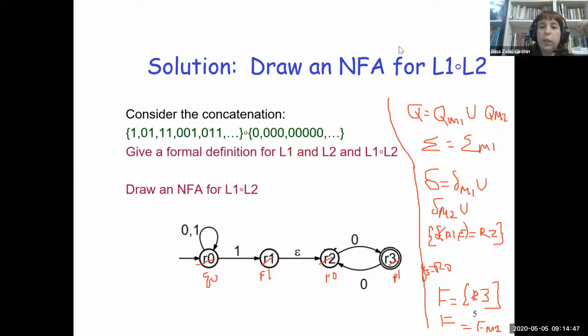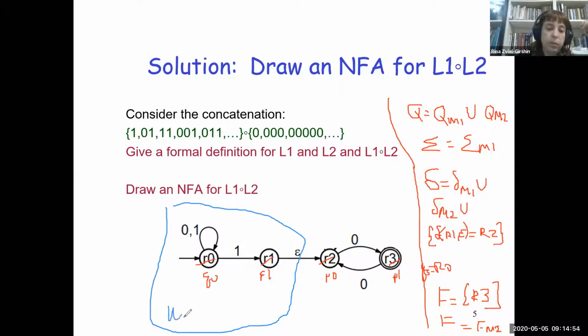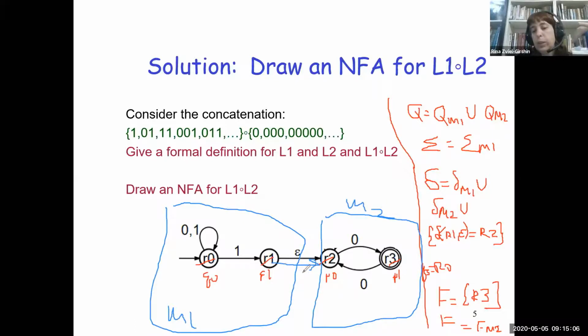Just wait, I will take a notation. Take M1 as is. Take M2 as is. And for every final state in M1, build an epsilon transition. And don't look for improvement.